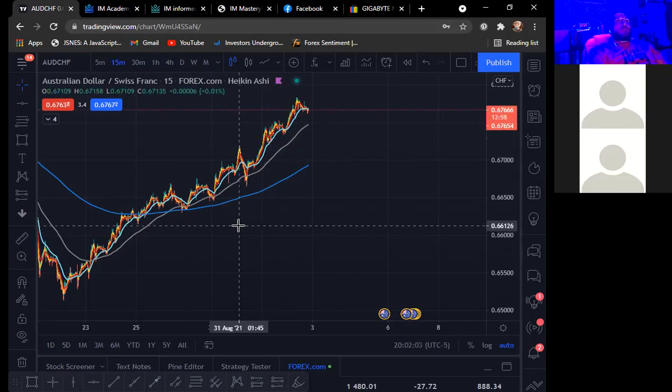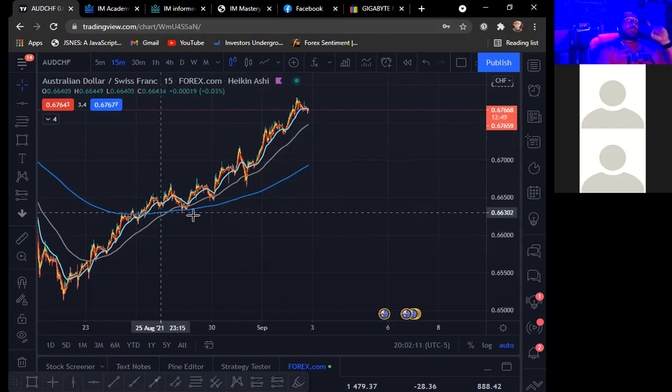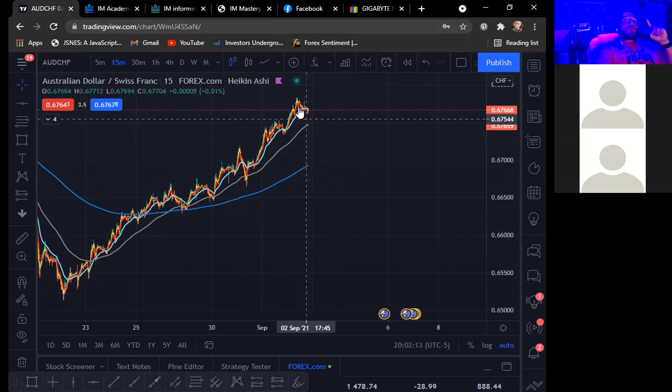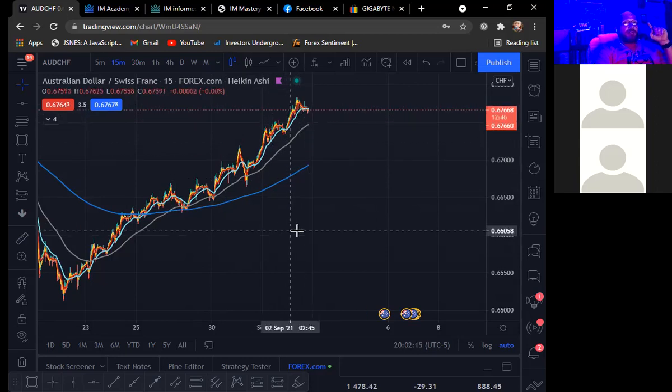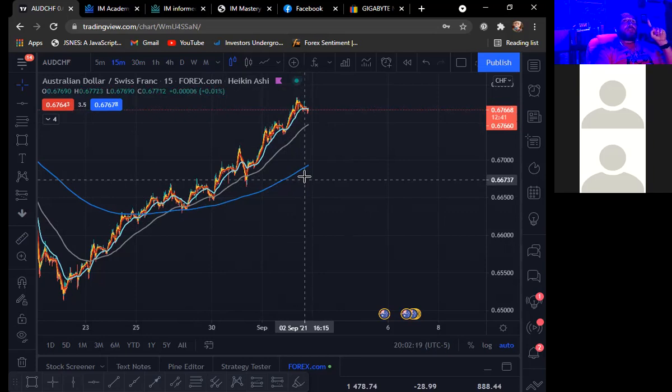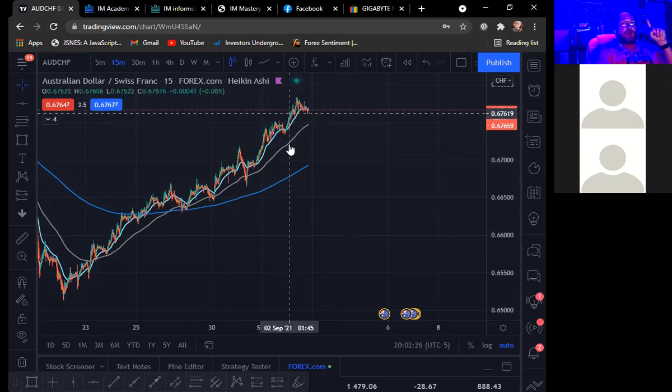So there's two things we're going to look at with the DeLorean EMAs to enter a trade. The first thing is, are these lines spread out? If they're spread out, they've got to be in this order: 800, 200, 50, and then 13 and 5.